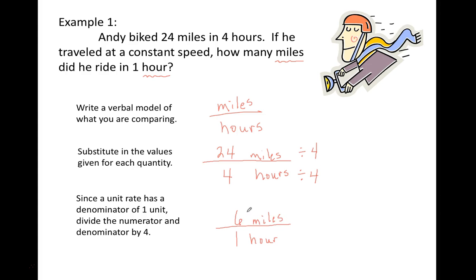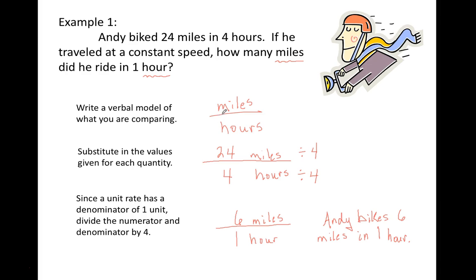So we could say that Andy bikes 6 miles in 1 hour.